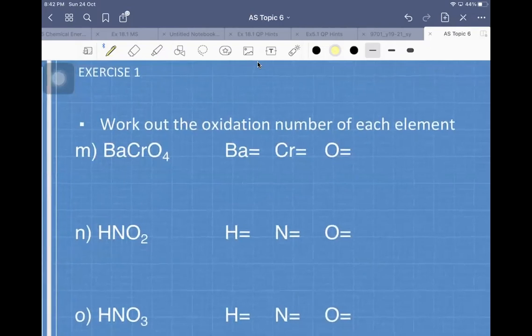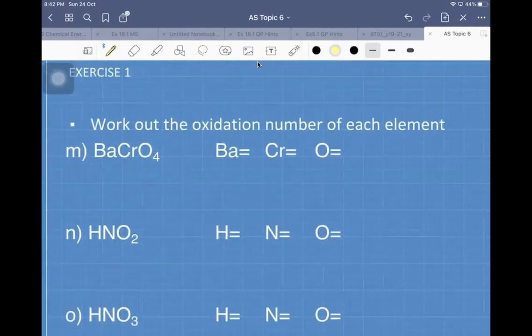Continuing the questions. Barium chromate. Barium is a metal in group 2. So that looks like an ionic compound that I can separate out, Ba2+ and CrO4-.